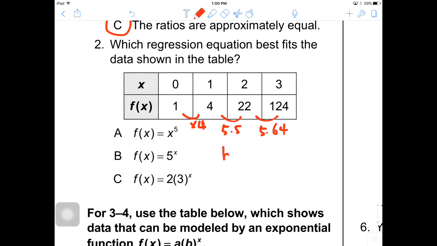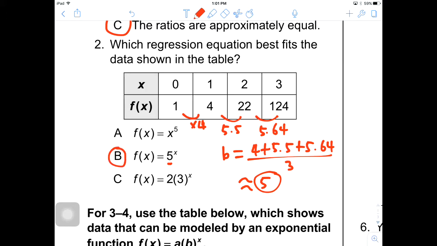To find the approximate ratio, you would average it out. So you add 4 plus 5.5 plus 5.64 and divide by 3, and it should be approximately 5. So the base b is 5. Out of these three equations, only B has a base of 5. So that would be the actual answer.